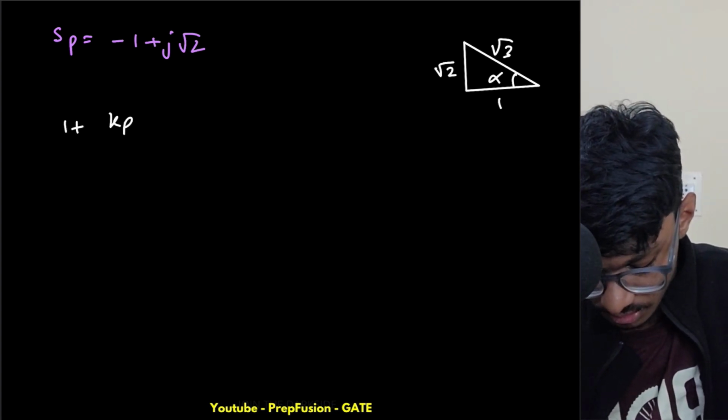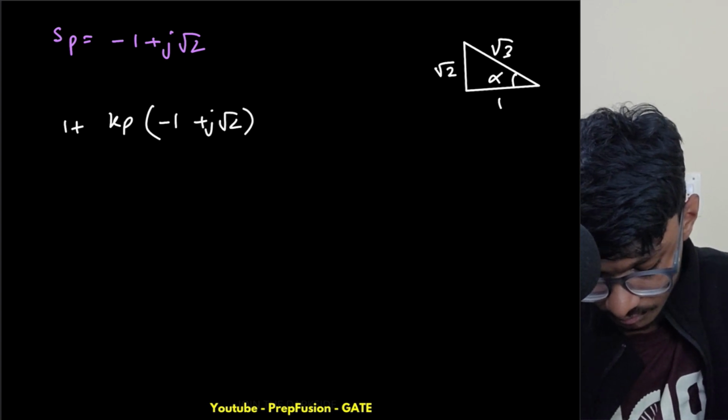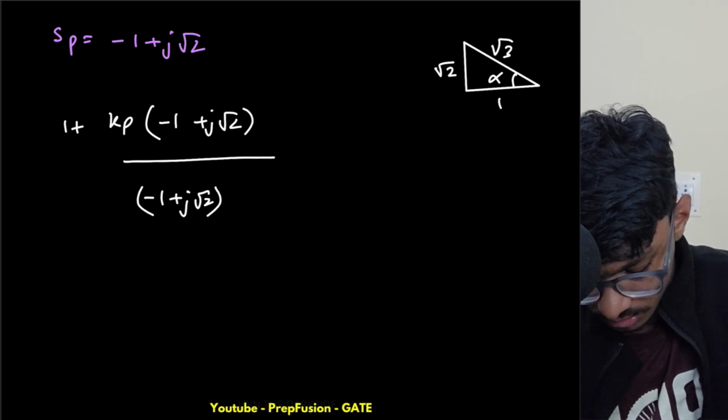1 plus kp into -1 plus j√2, divided by (-1 plus j√2) whole square plus 3 equals 0.